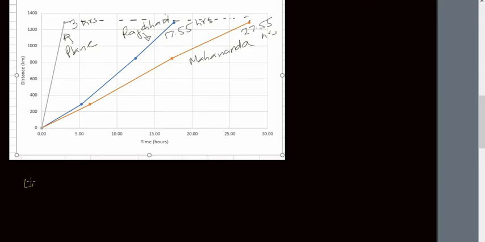So line 1 took 3 hours, and that's the plane. Line 2 took 17.55 hours, and this is Rajdhani.